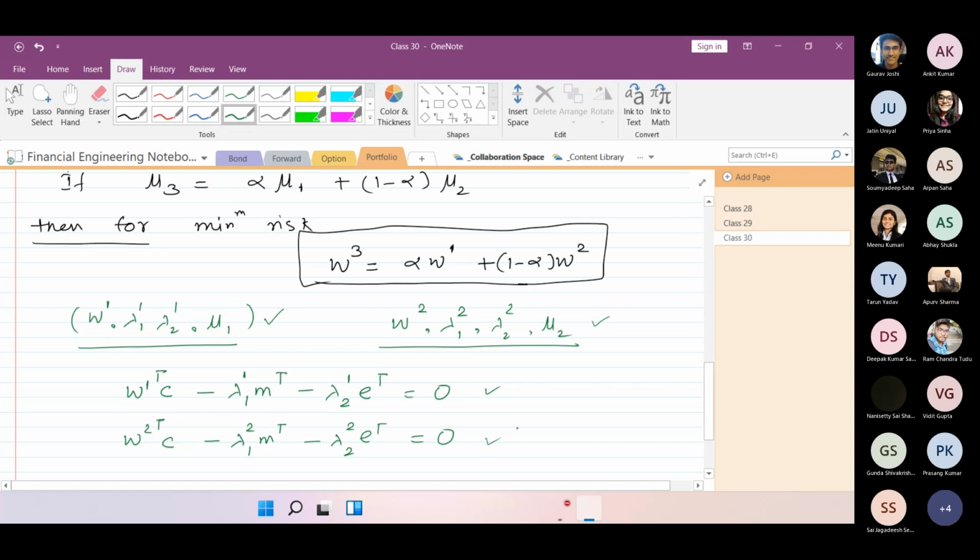These are equation 1 for solution 1 and solution 2. Let me multiply this with alpha and this with 1 minus alpha.